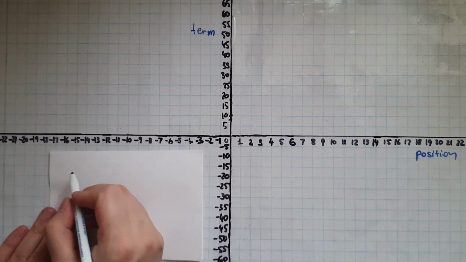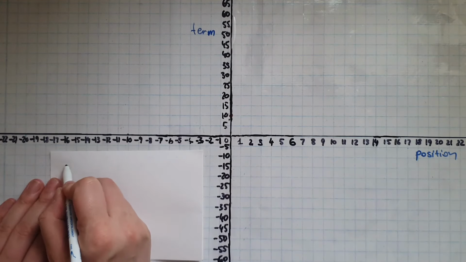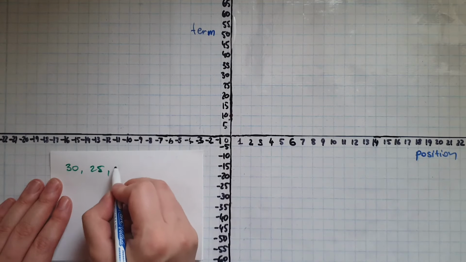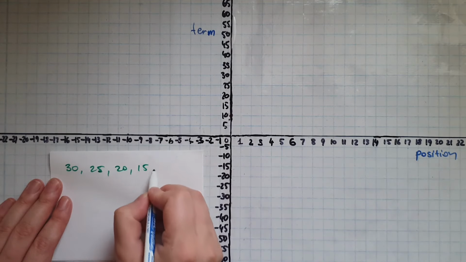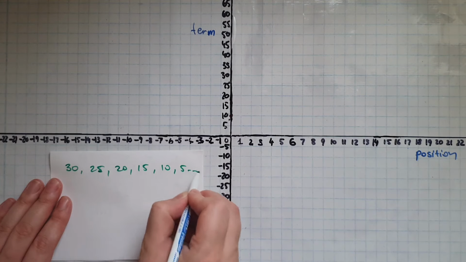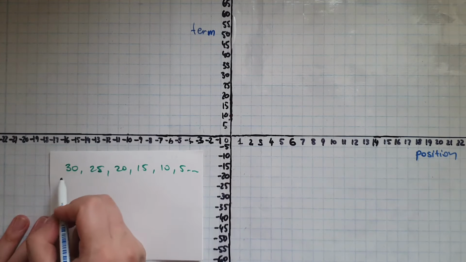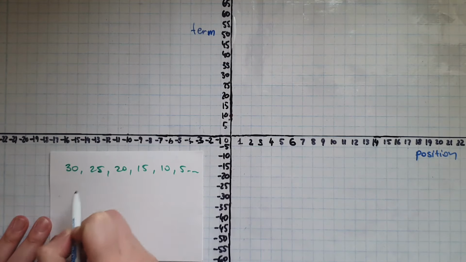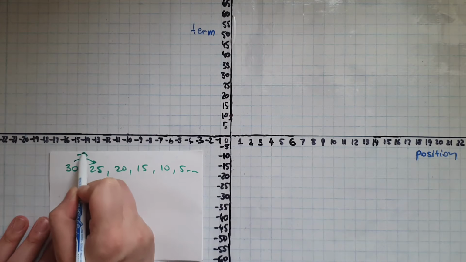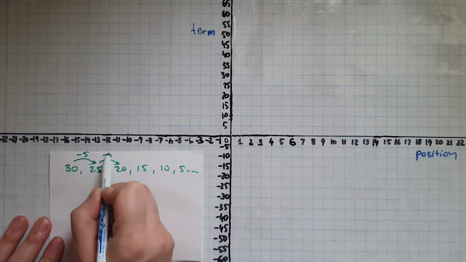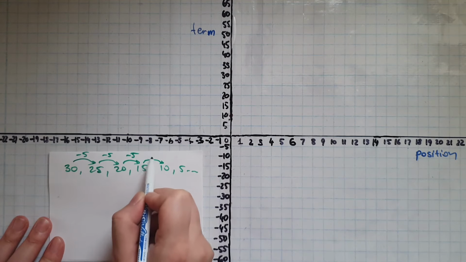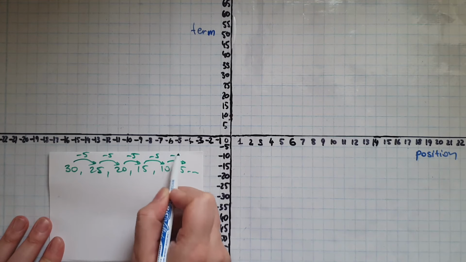So if I take another sequence, I'll start with 30, 25, 20, 15, 10, 5, and so on. So what's the term to term rule? What happens from the first to the second term? We take away 5. So that's our gradient.